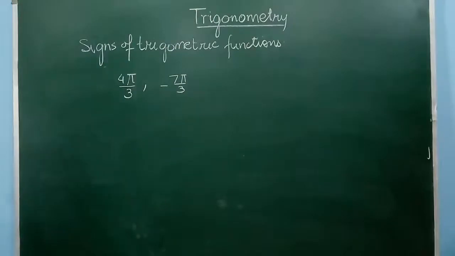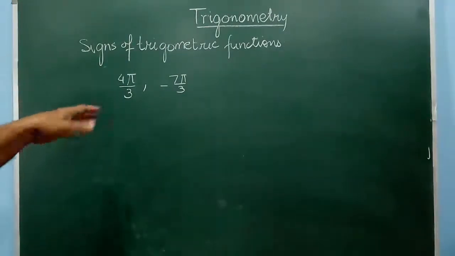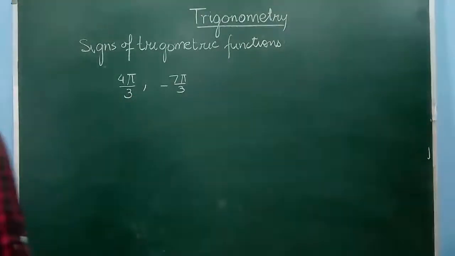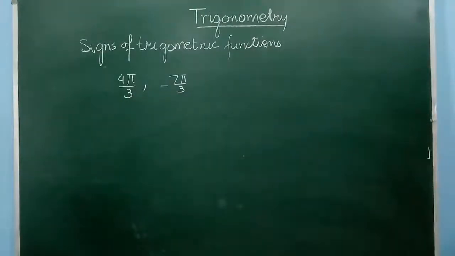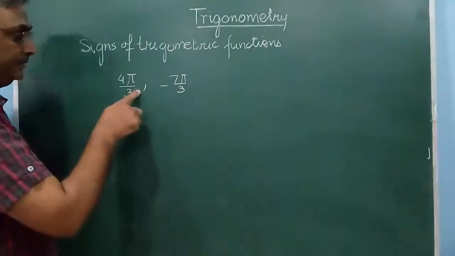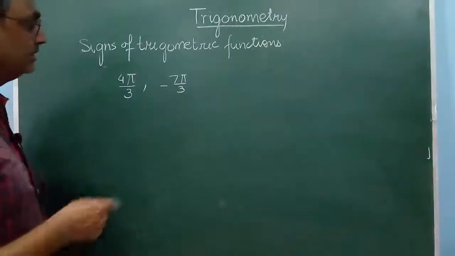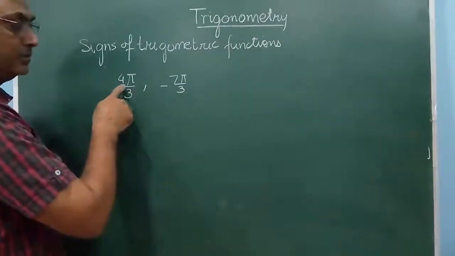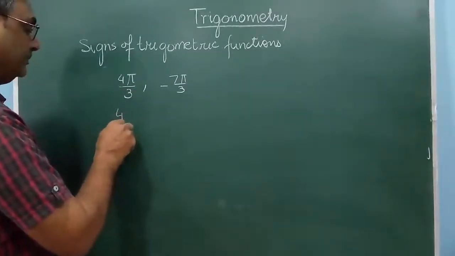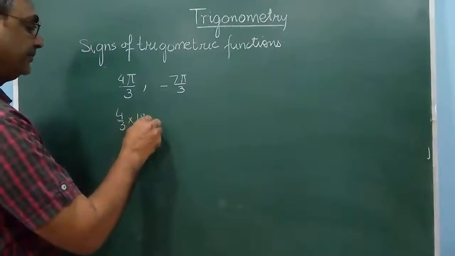We have to find which of the 6 values will be positive for the angles minus 7 pi by 3 and 4 pi by 3. Pi means 180, and 180 by 3 means 60. 60 into 4, we can write 4 by 3 into 180.